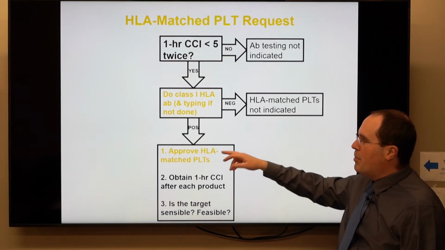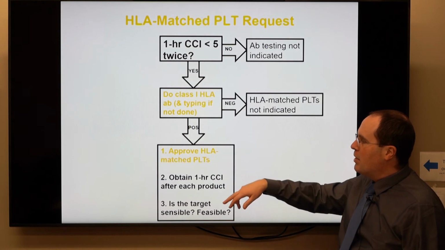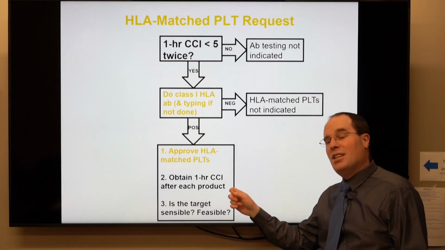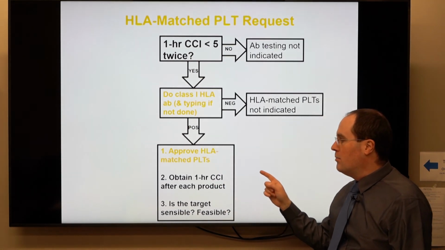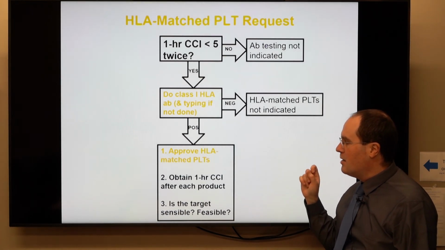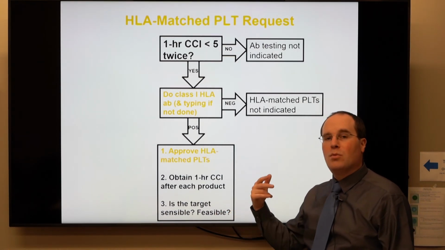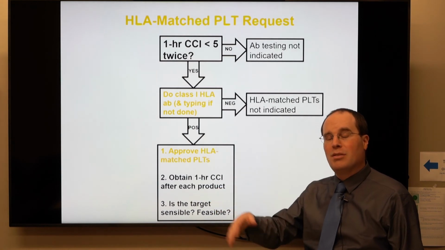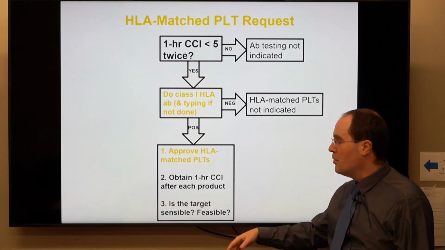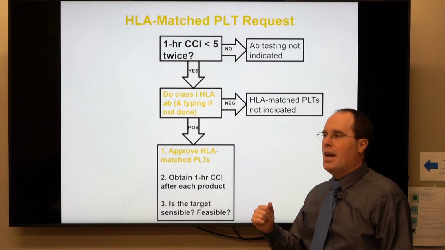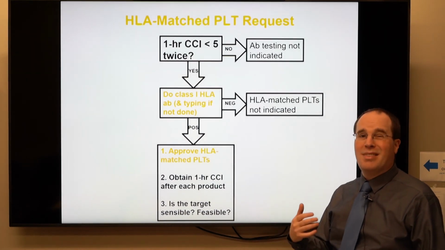But if it's sufficiently positive, then we'll do HLA-matched platelets, but we'll of course continue to obtain the 1 hour post-transfusion count and the CCIs. And of course, we'll talk about the other considerations with the clinical team, like is their target sensible or is it feasible? And also, what is the patient's size? Things like that.